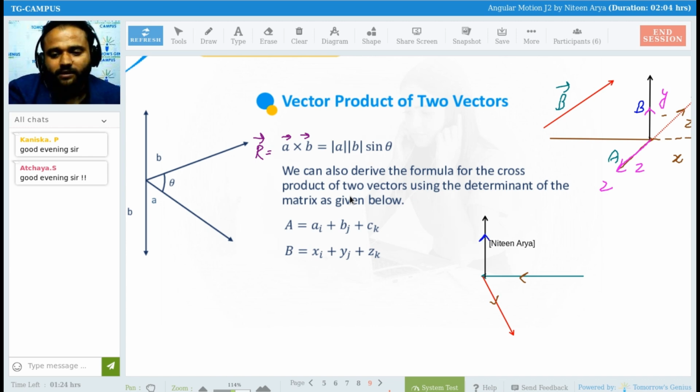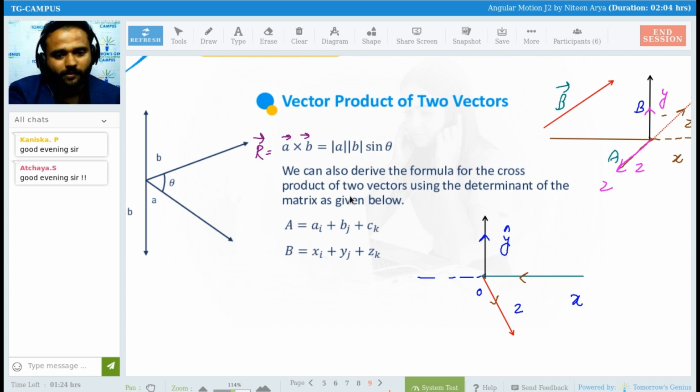Again, you can see that now instead of negative z, here my x is in the negative direction because it is going in this direction towards the negative side. If I pick this origin, the obtained vector is y positive, and this is again in the positive z direction. Clear? So only you need to learn the right hand thumb rule.